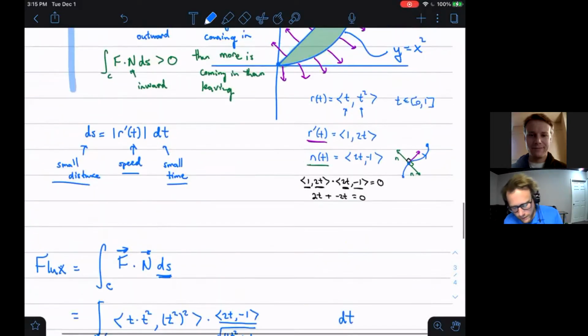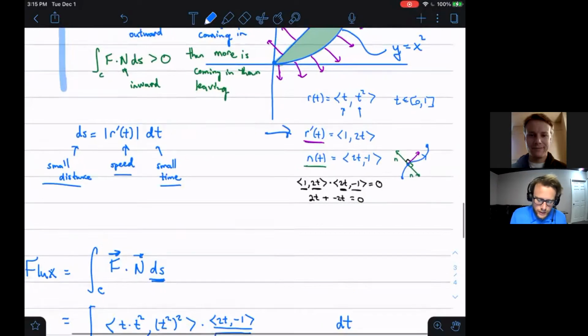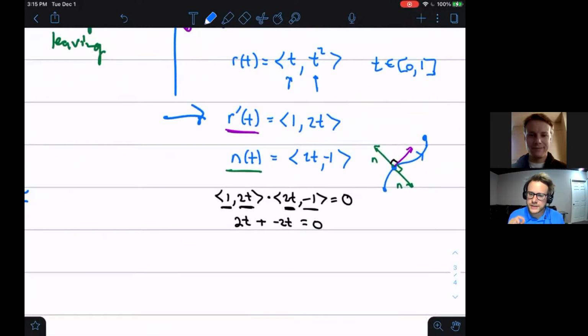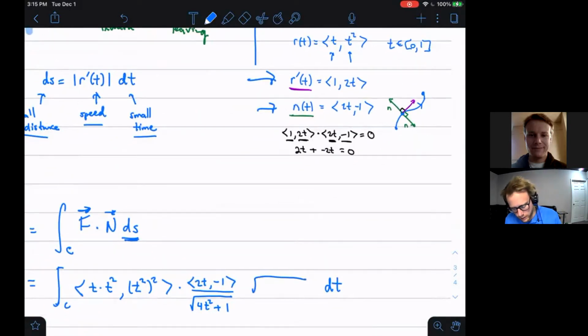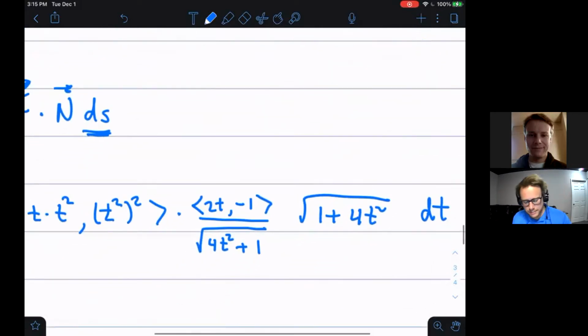So r prime, again, we've already calculated out. And notice, because these have the same components as our normal vector, just reordered, when you take the magnitude of this, you get the square root of 1 plus 4t squared. This ends up being the exact same thing here, always.